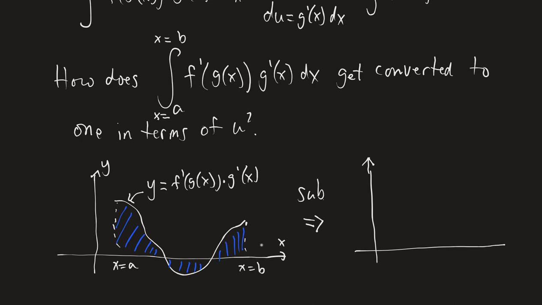Maybe the function does something like this, and this is the graph of y equals f prime of u. Since we're switching from an x variable to a u variable, our independent variable is now u, and the dependent variable is still y. But the big question is, what happens to the lower limit of integration, and what happens to the upper limit of integration?